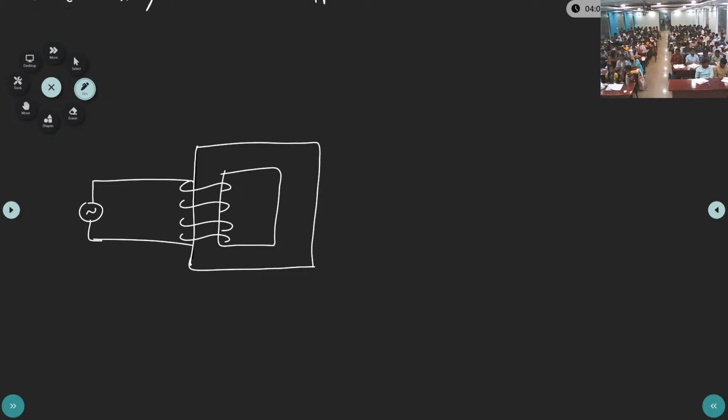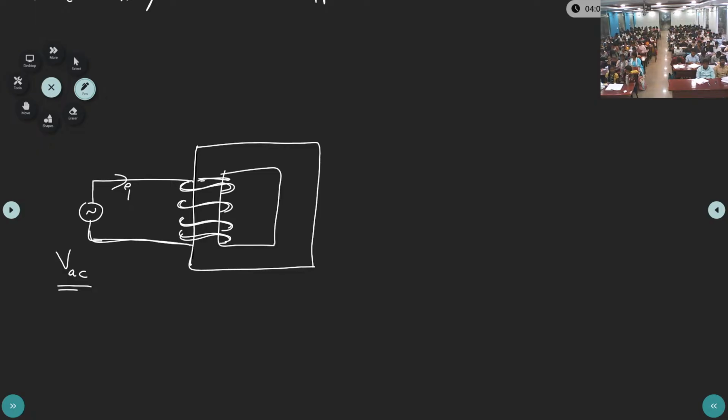So whenever we connect an AC supply, this is AC voltage, the circuit is closed like this. What happens? Current will flow. In the primary winding a current I will flow.